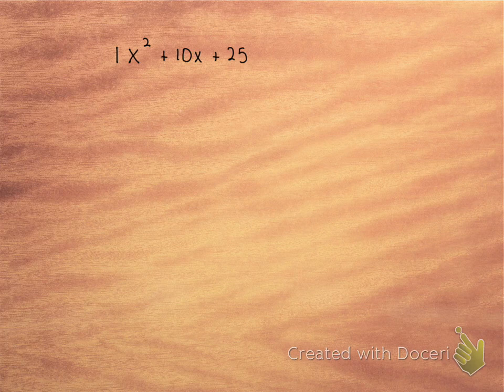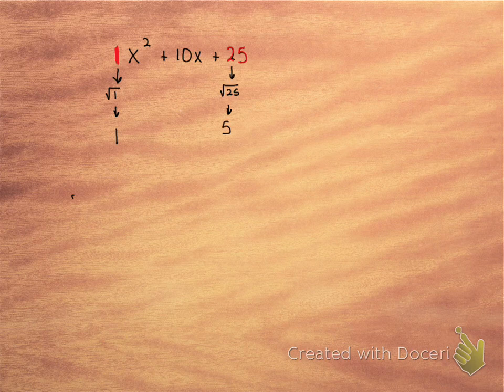Look at the first number and the last number. And if both of those are perfect squares, we're going to test it for a perfect square trinomial. Take the square root of each one of these numbers. The square root of 1 will be a 1. The square root of 25 gives us a 5.